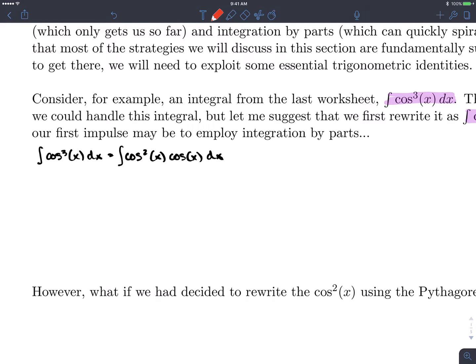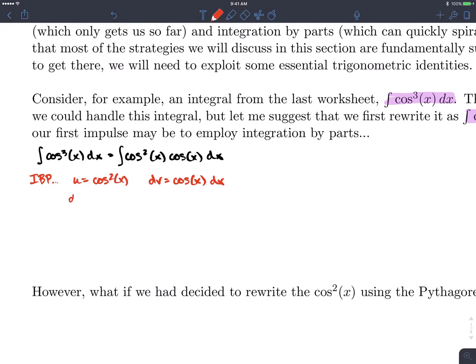Integrating cosine squared, while not impossible, would be more difficult than integrating cosine. So for that reason, we would use cosine x dx as our dv and cosine squared as our u. So we let u equal cosine squared x, and dv be just cosine of x dx.